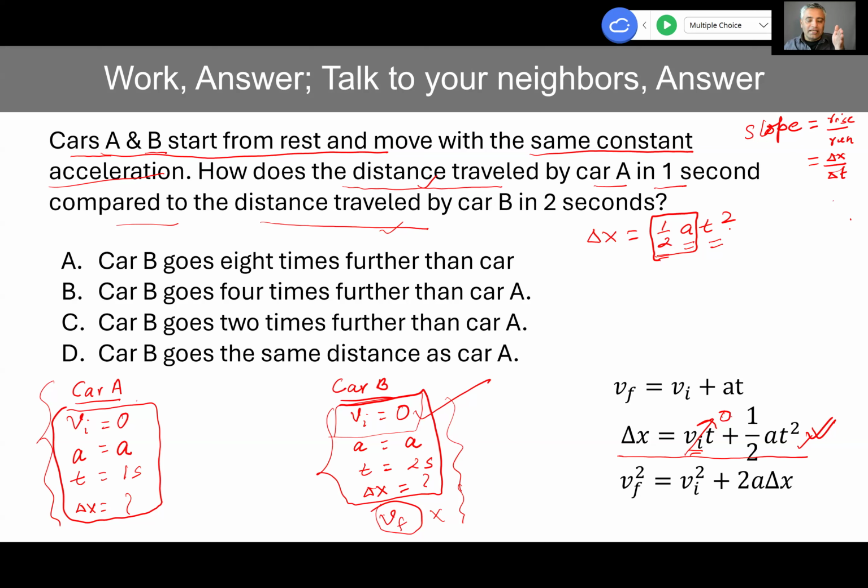Even if car A had moved 2 seconds and car B had moved 4 seconds, time is still double. A 2 versus B 4, so the time ratio is still double.